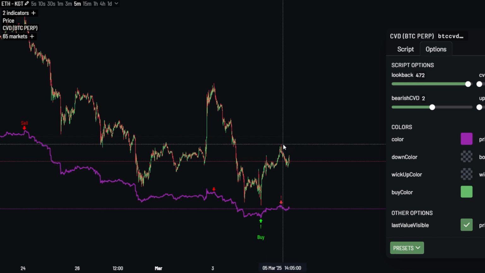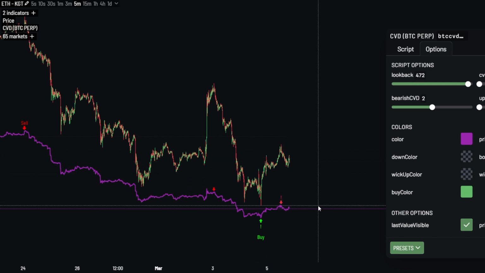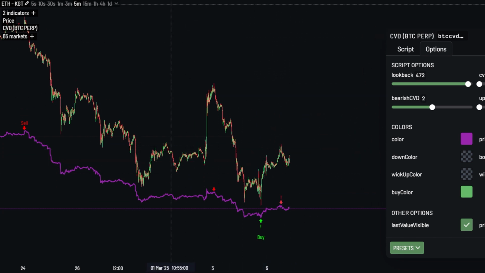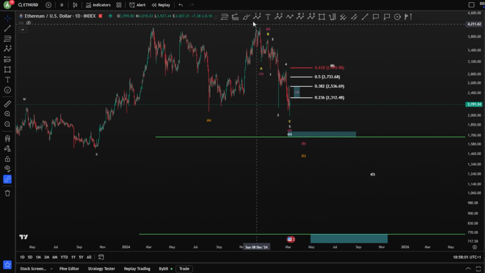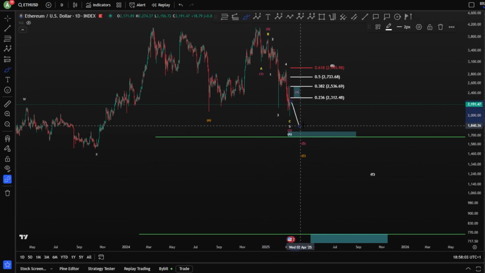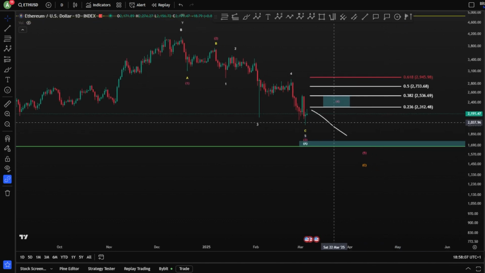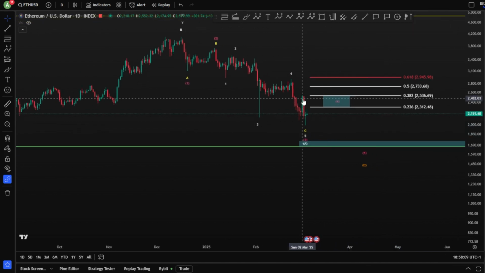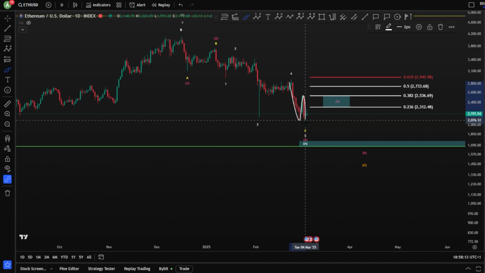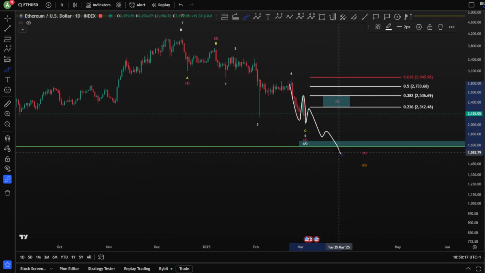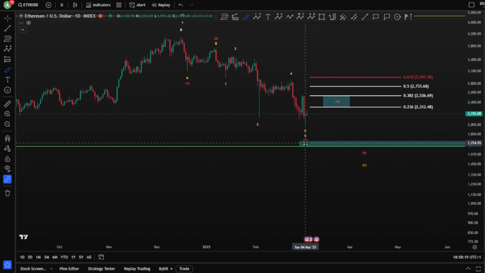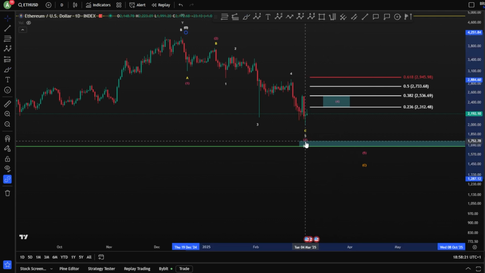Potentially then, after this correction, we might move impulsively. If we move impulsively from here, it might be an extension, I would say, because the wave 4 is very shallow here. It can be an extension, 1, 2, 1, 2, and then 3, 4, and a 5. So potentially we can extend even those waves.